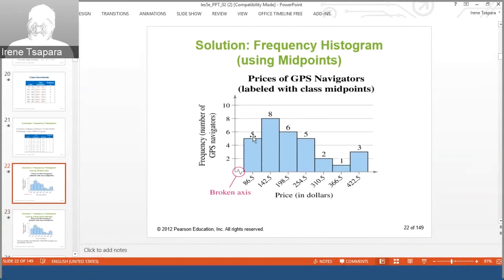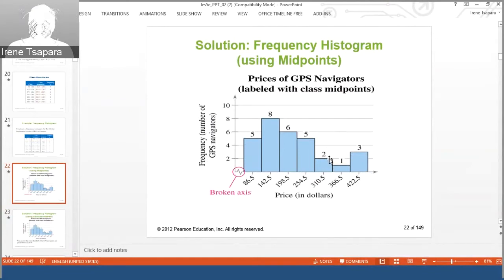And the height of each one of these columns will correspond to the probability or to the proportion of the number of navigators whose price falls in each one of the classes. So it will be 17% and 20% and 18% and another 17% and 5% and 2% and so on. And if you add up all those, it will give you 100%.